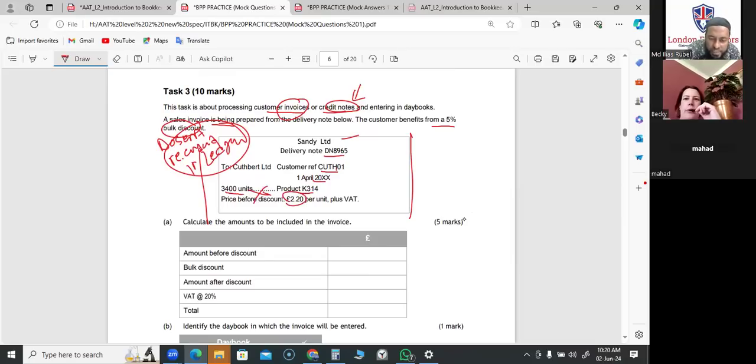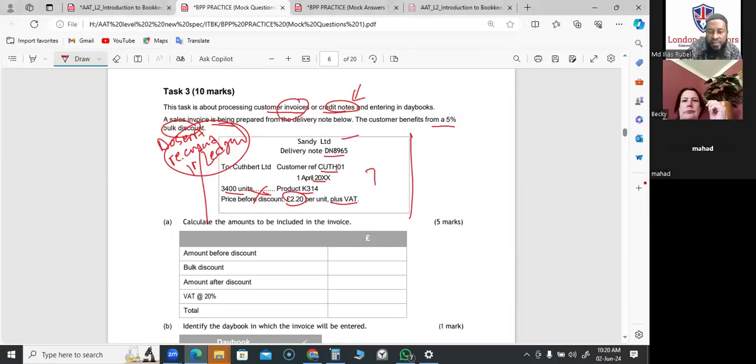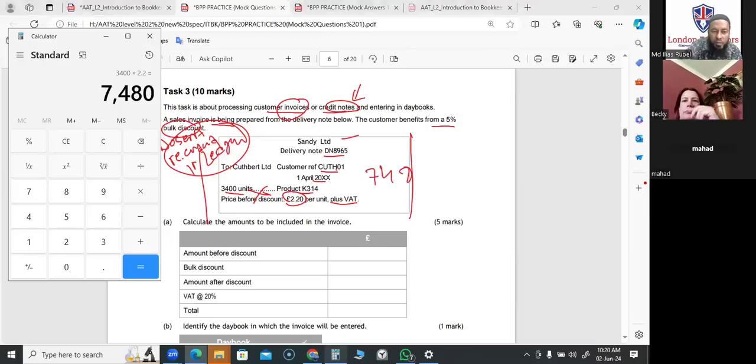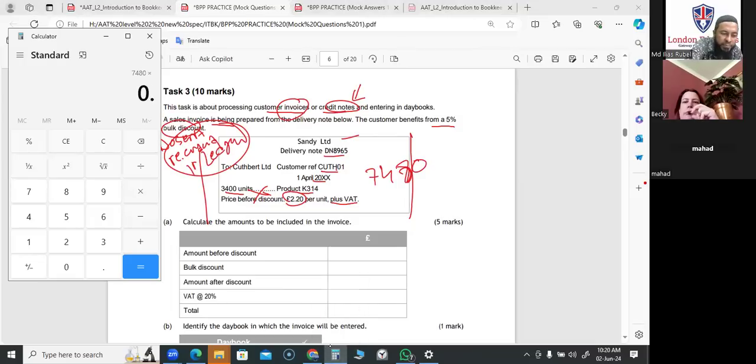When you multiply these, you get some money plus VAT. What do I mean by plus VAT? Shall we do a little working here? You see, 3,400 items at the rate of 2.2. What is the value of it? 7,480. If you do 20% VAT on it, times 20%, I'm just doing some extra work, it's 1,496.